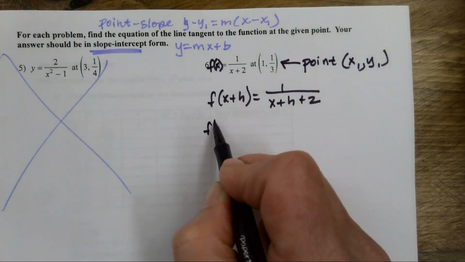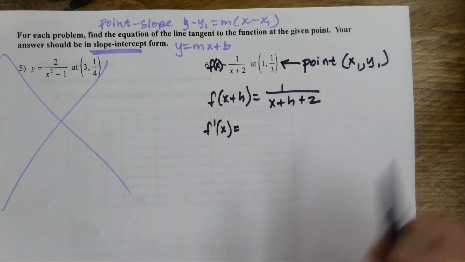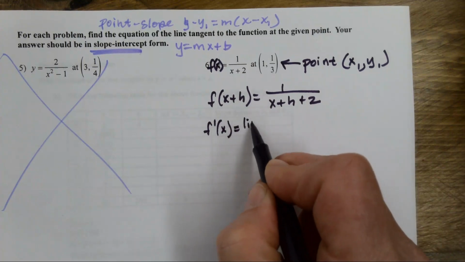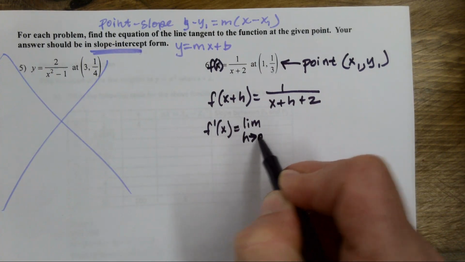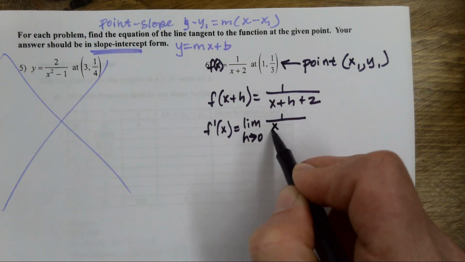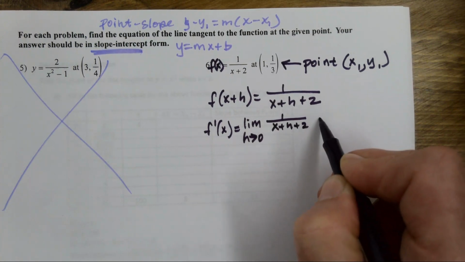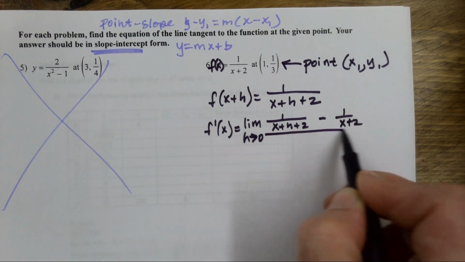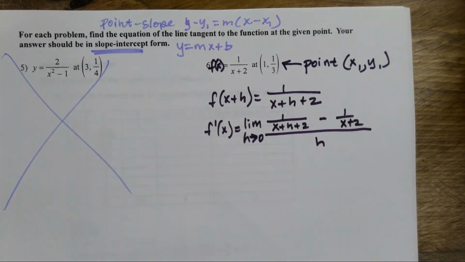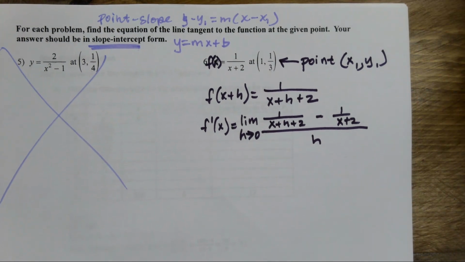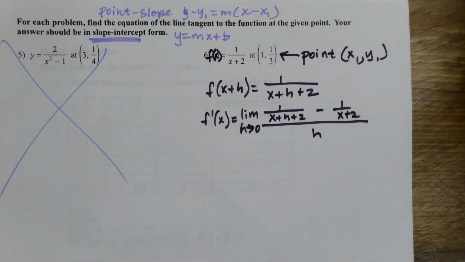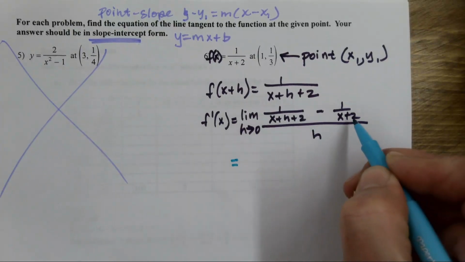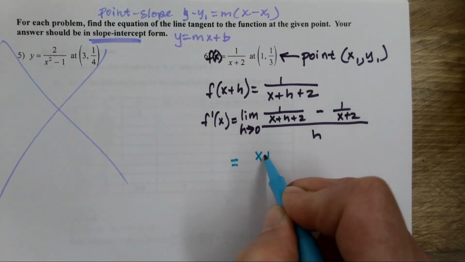So f prime of x is the limit as h approaches 0 of f of x plus h minus f of x all over h. I need to simplify, and so I multiply the first fraction.